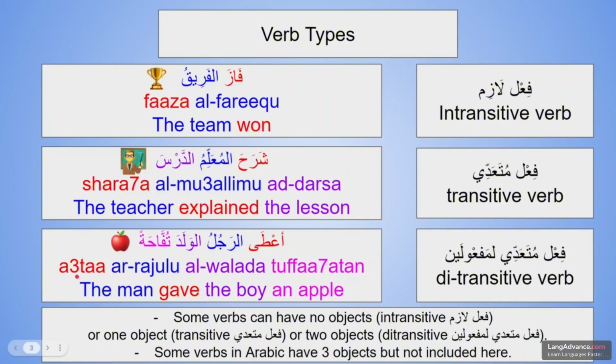So you'll find the verb starting the sentence أعطى, which means give, and then the subject here is الرجل, and then the first object is الولد, the one who was given, and we notice also the a at the end, and then تفاحة. And notice also the an at the end, and since تفاحة ends with تاء مربوطة, the تاء مربوطة becomes a t sound. So now we see أعطى الرجل الولد تفاحة.